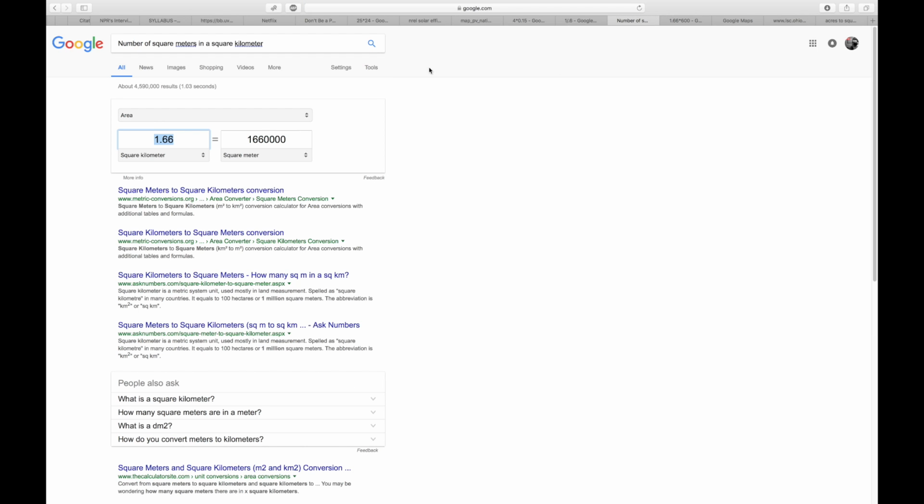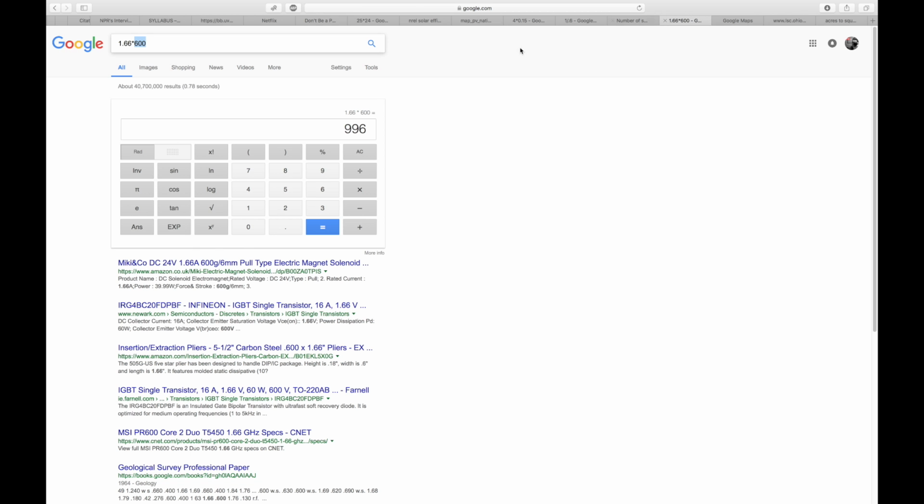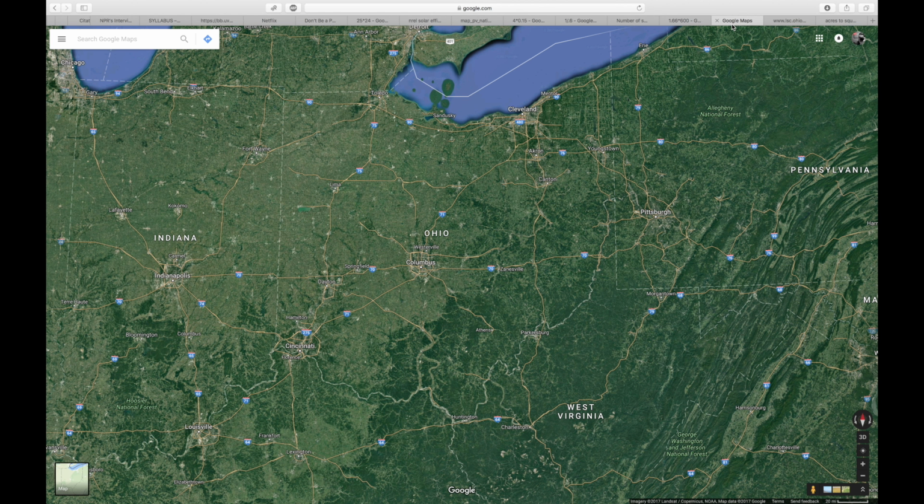So if we do 1.66 square kilometers times 600, that gives us an area of 996 square kilometers.